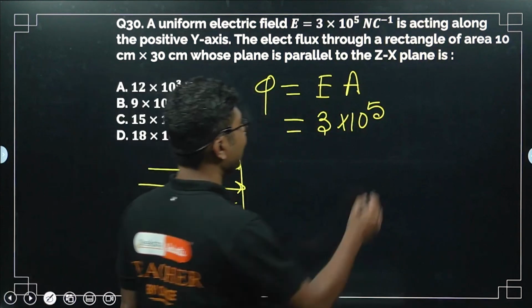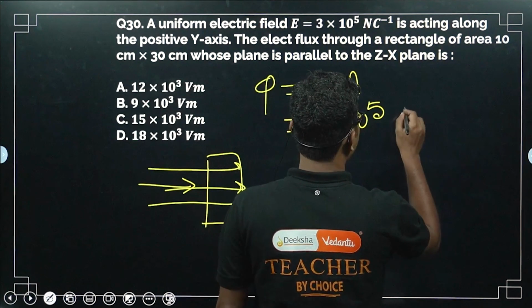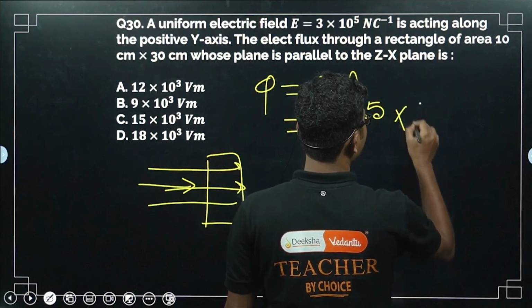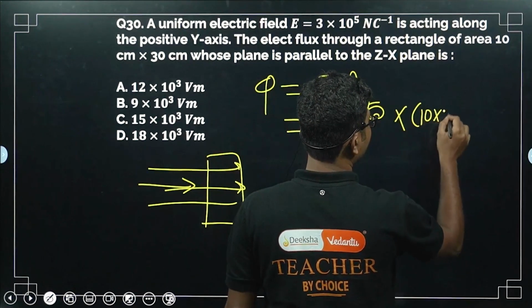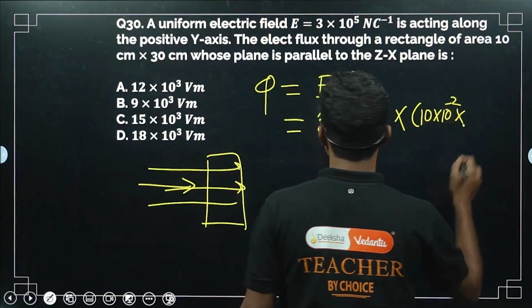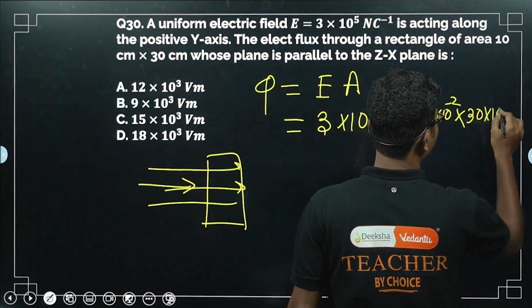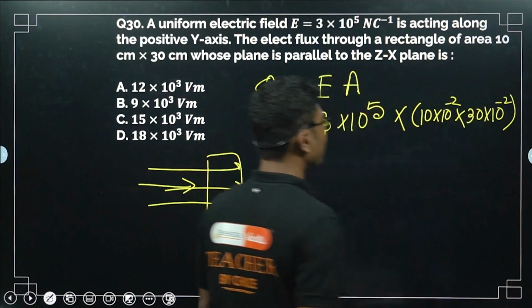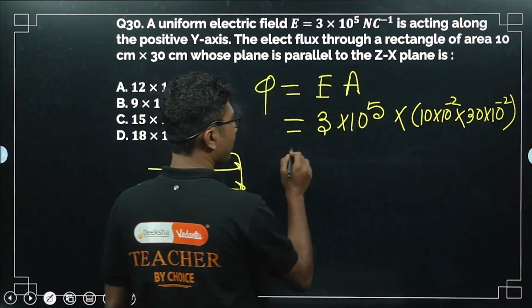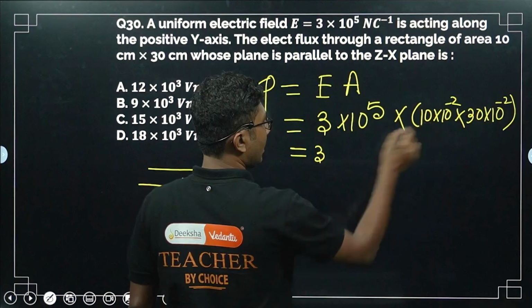Now, what is the area? Area is 10 centimeter, 10 centimeter means 10 times 10 to the power of minus 2, and 30 centimeter means 30 times 10 to the power of minus 2. Don't forget to add these two factors, very important.